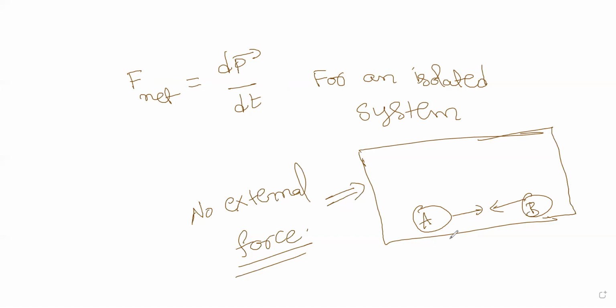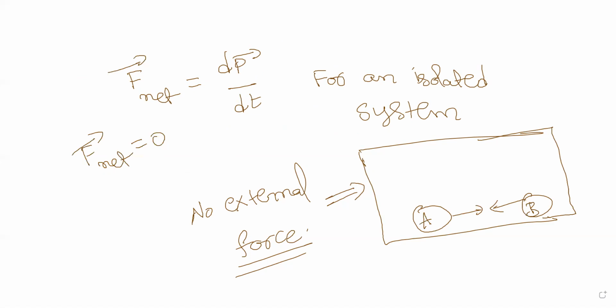For such a situation, the net force acting on the system is zero. For an isolated system, F net is zero. So you can say F bar net, for the vector quantity, is zero. Clear?